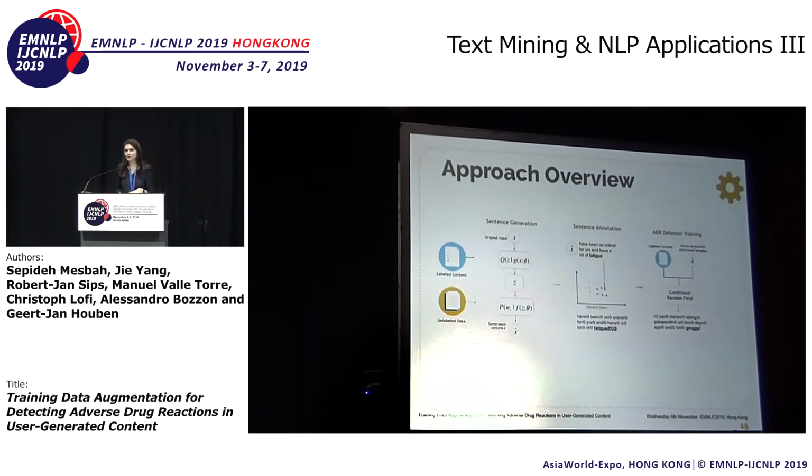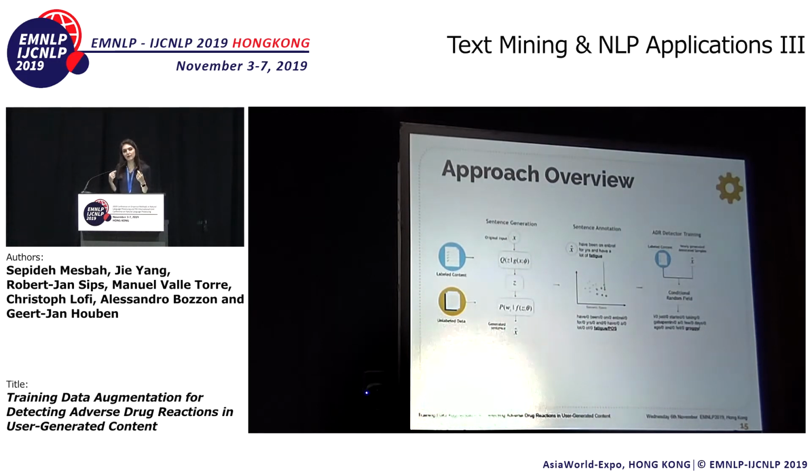So the focus of our paper is to try to augment the training data using generative models. Having a small set of labeled samples with a large amount of unlabeled samples, we first learn the hidden structure of the whole data using deep generative models. Then from that, we can sample some new sentences from the distribution of that data.